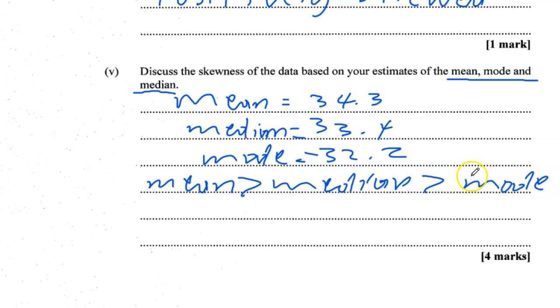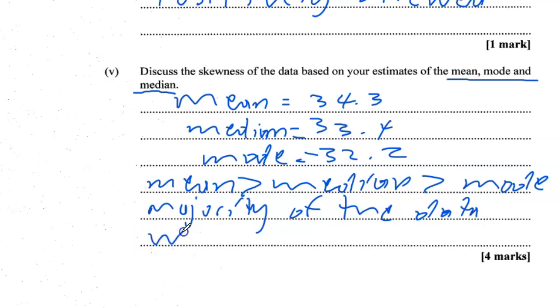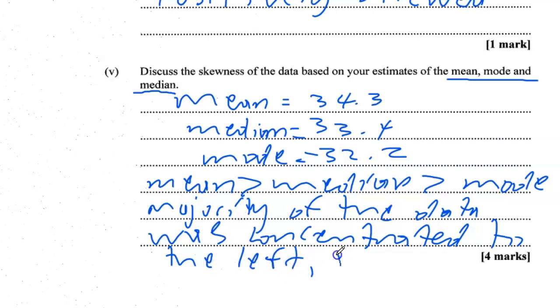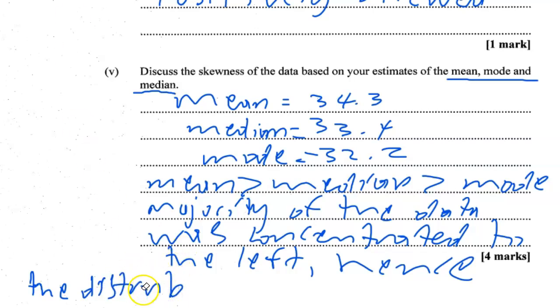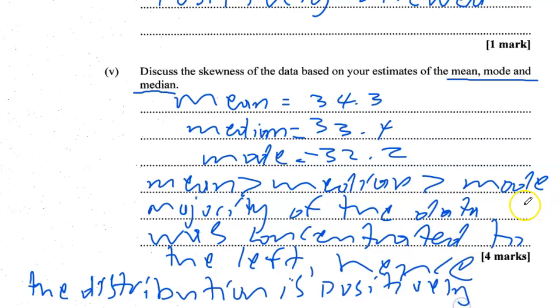And when we have a situation like that, if you notice the data again, the majority of the data was concentrated to the left, hence the distribution is, again, I'll repeat it here, positively skewed.